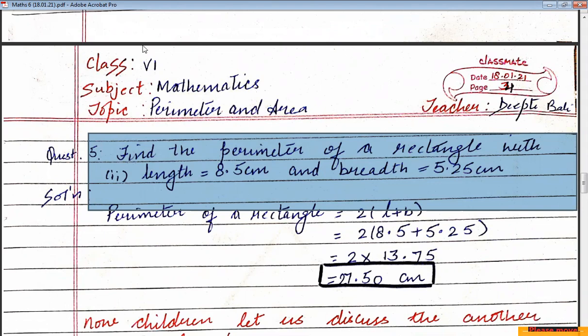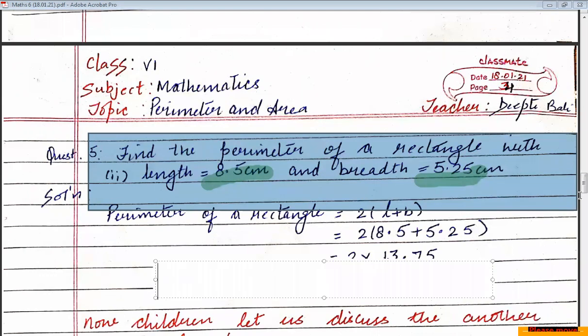So now children, here length is given in decimal, that is 8.5 centimeter, and breadth is given 5.25 centimeter. So do you remember the formula of perimeter of rectangle? You just have to multiply 2 with the addition of the length and breadth.